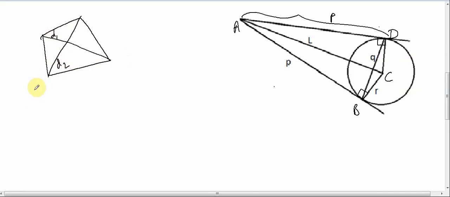Then the area of this quadrilateral is equal to half the product of the diagonals and sine alpha, where alpha is the angle between the two diagonals. So you can take this as alpha or this as alpha, it doesn't matter, the answer will be the same.